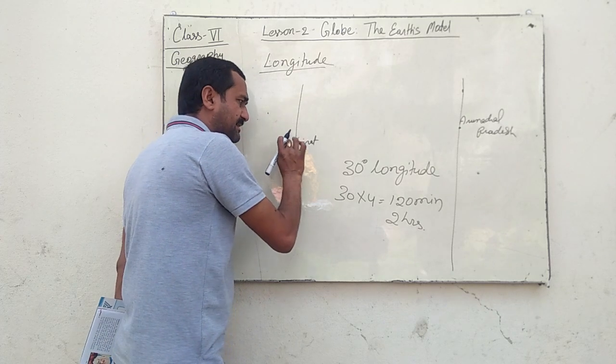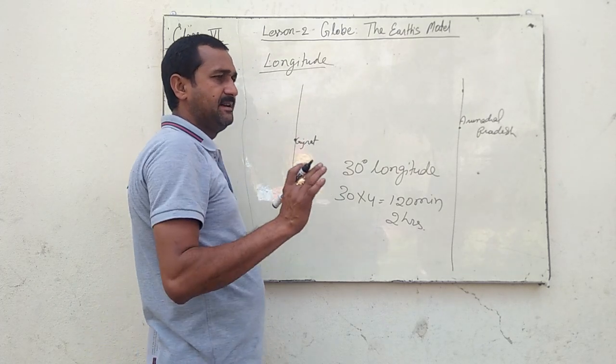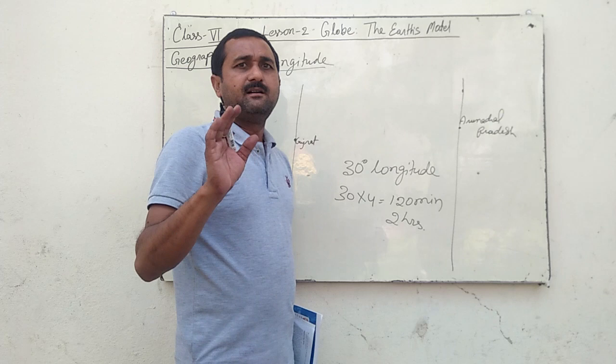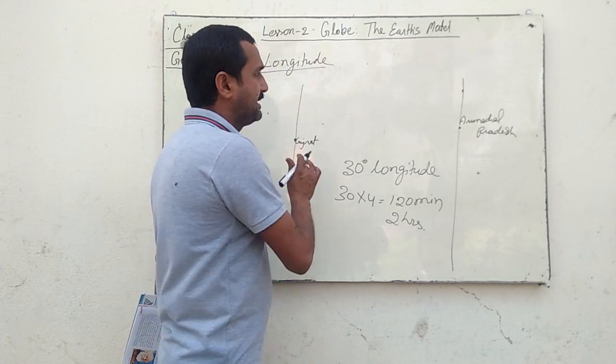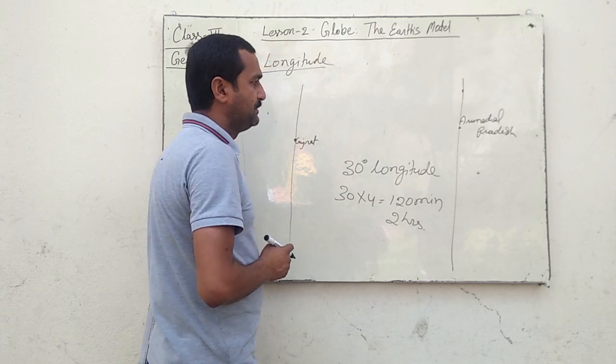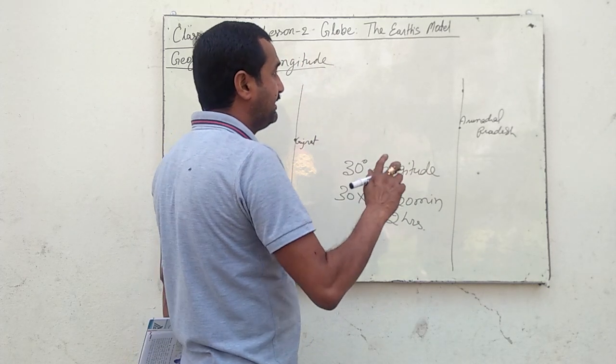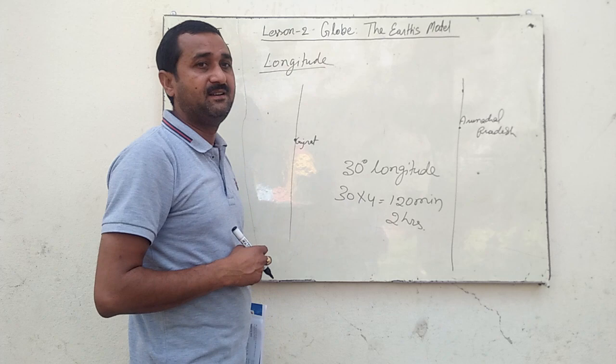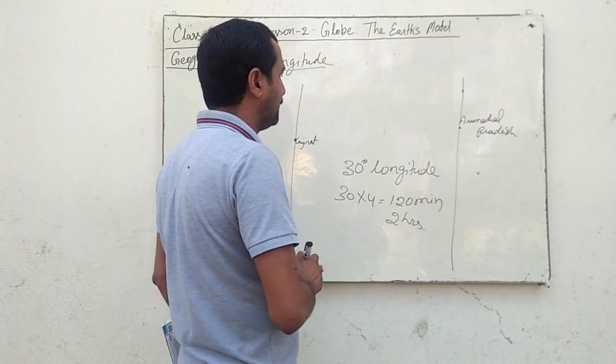So the person who is in Gujarat will say that in my watch it is 10 a.m. But the person in Arunachal Pradesh will say it is 12 noon. So in the same country, two persons are saying two different times. It is not possible.